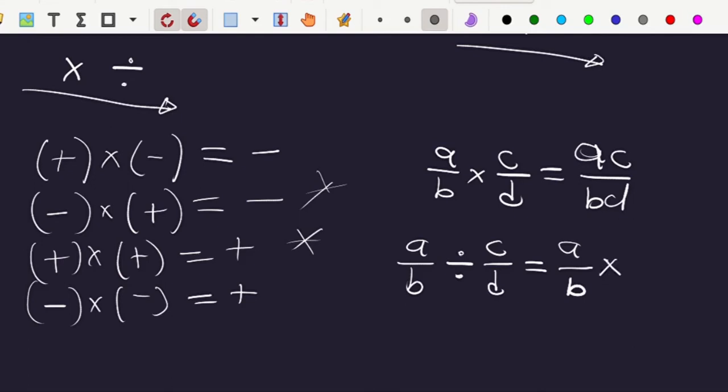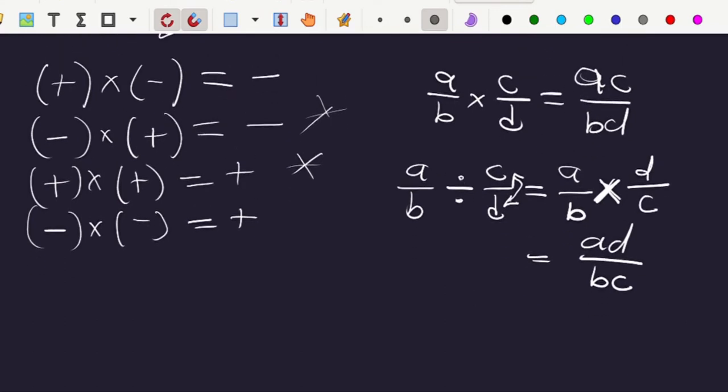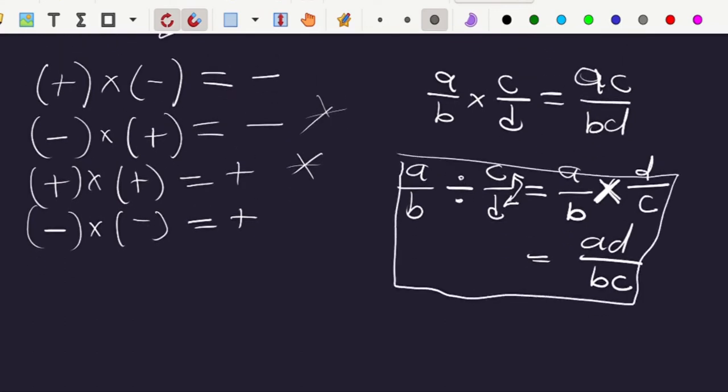If we switch the division to a multiplication sign, then we have to swap these two. Now it becomes D over C, and the answer becomes AD over BC. This is something you really need to understand well.